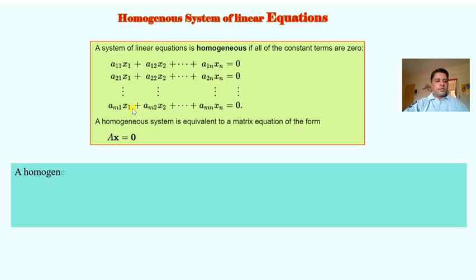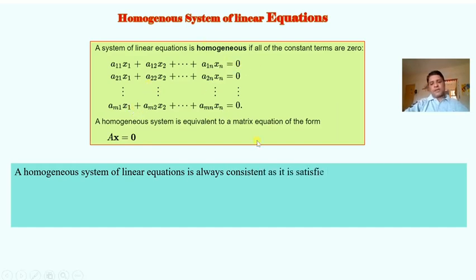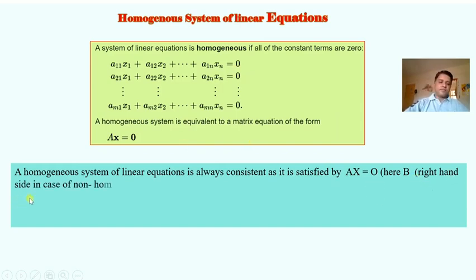A homogeneous system of linear equations is always consistent. How is it consistent? Because the right hand side is satisfied by AX is equal to 0. Here B is the right hand side.